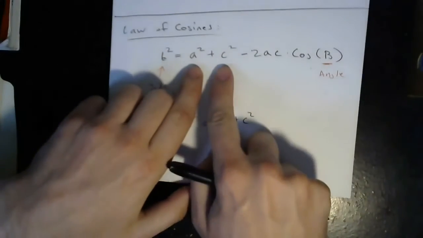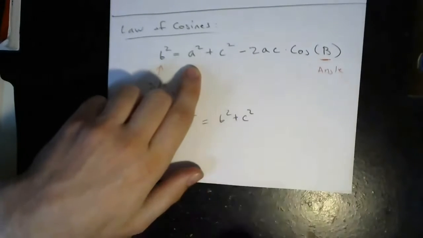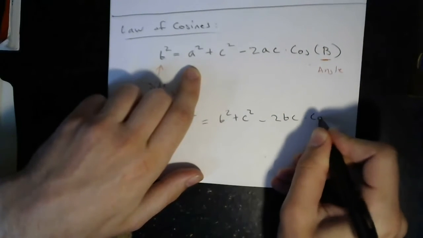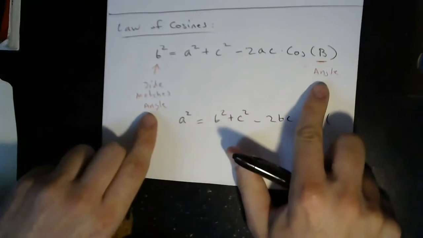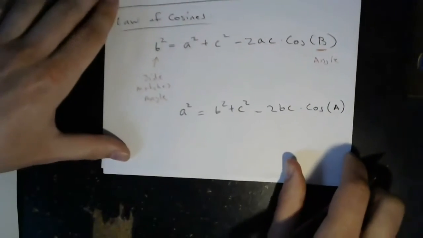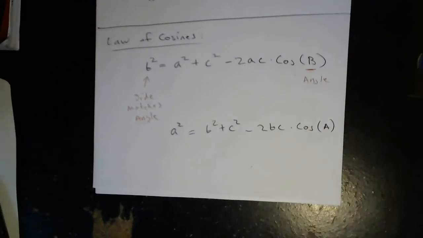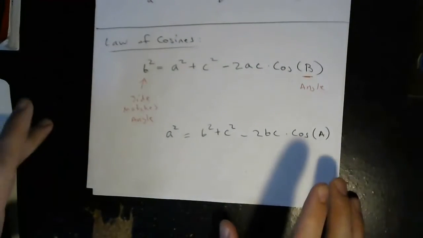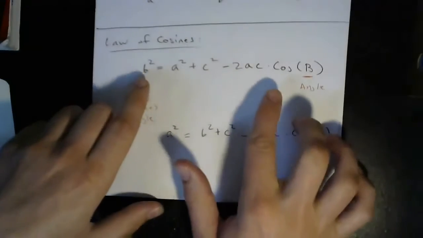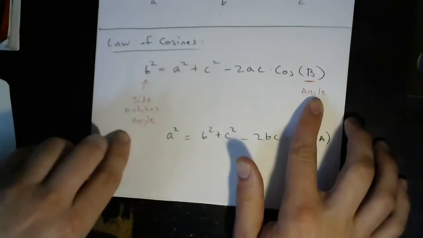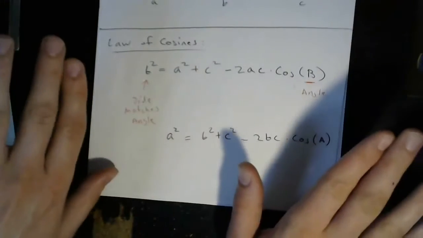Again, the two squares here are what goes there. So this is minus 2BC times cosine of the angle that matches, this is A. So the exact letters you use are not necessarily important, but what is important is the relative setup: the angle on the side that matches the angle on opposite sides.